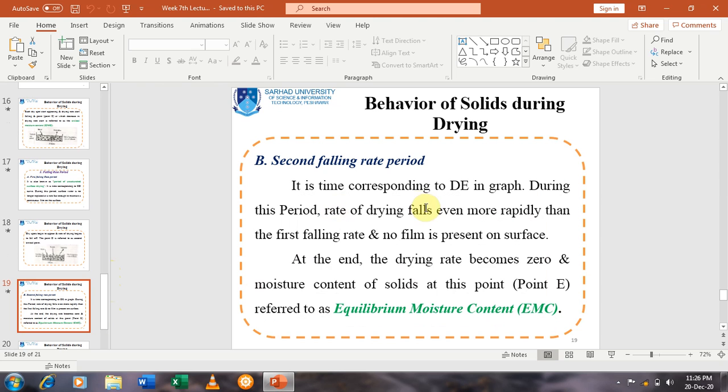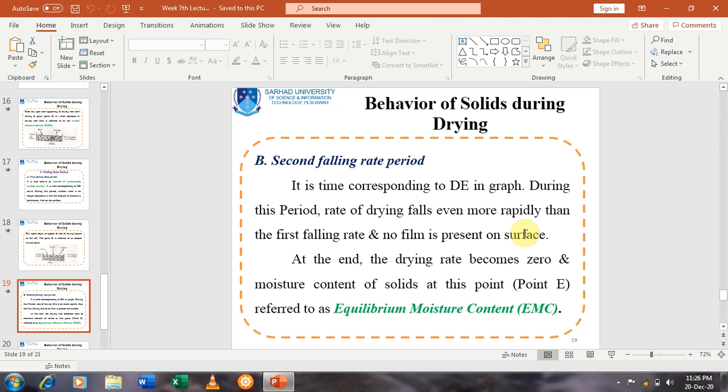At the time corresponding to DE in the graph, during this period the rate of drying falls even more rapidly than the first falling rate, and no film is present on the surface. Similar to the first falling rate period, but here the drying rate falls more rapidly compared to the first falling rate period.